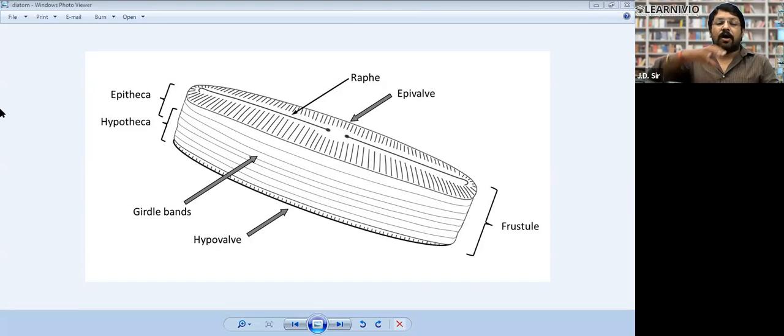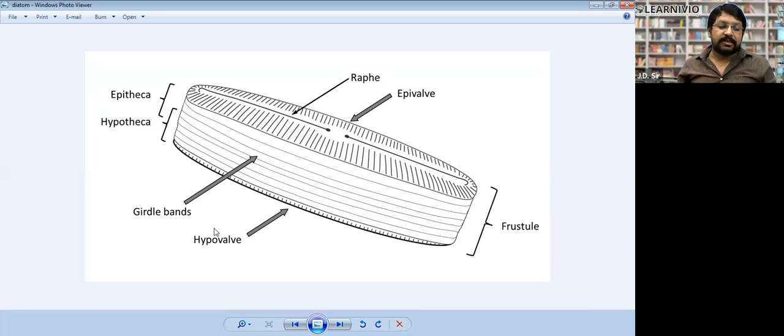The outer lid of the tiffin box is called epitheca. Look, epitheca, and the lower part, the base of the tiffin box, is called hypotheca. The side wall has certain designs.